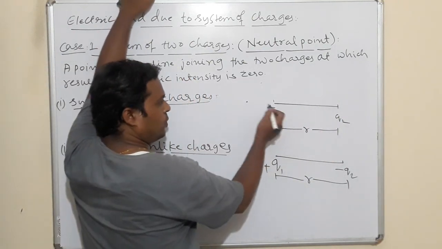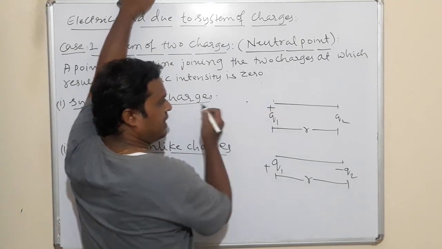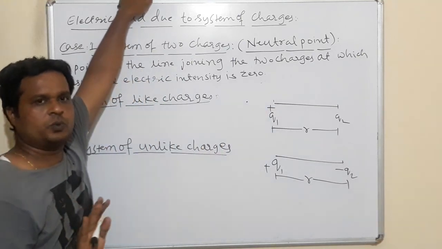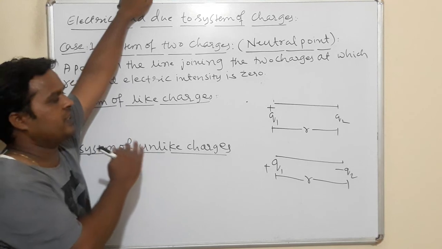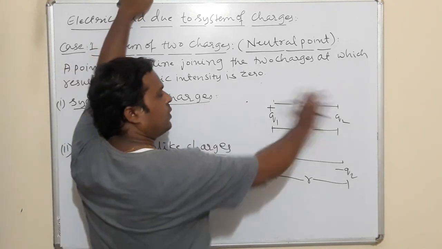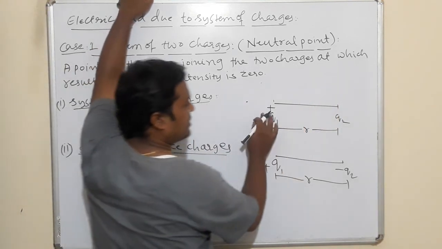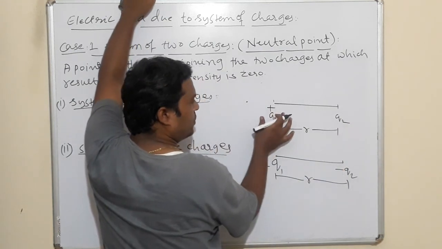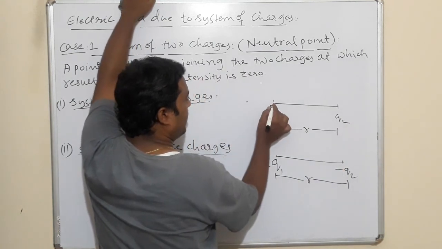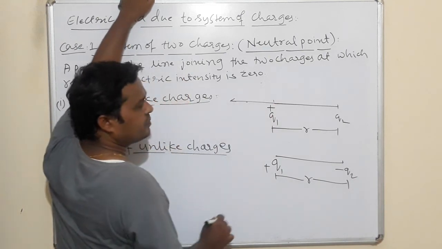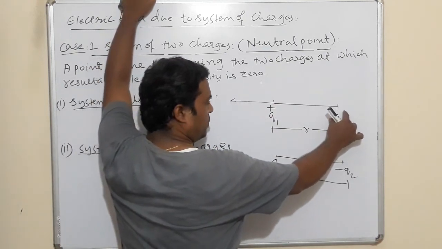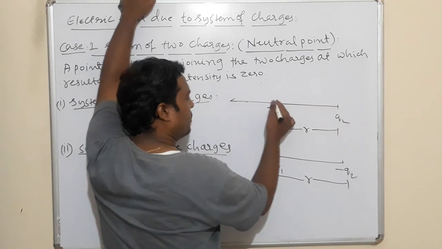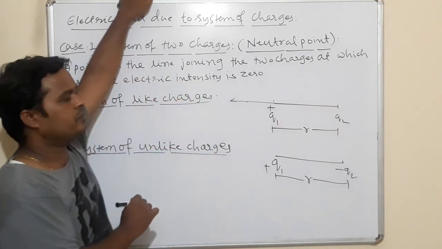I told you, if it is positive, electric field will be away from the charge. If it is negative, it will be towards the charge. Since both these are positive, the electric field due to this charge at this point will be away from the charge, and the field due to this charge will also be away.